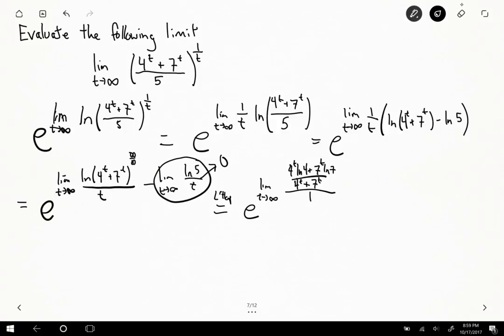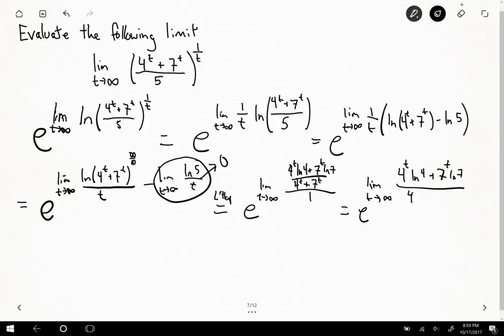Okay. So now you might think we need to just continue to use L'Hopital's rule again and again and again. Actually, no. So this is where understanding some of the limit rules that you have before can come in handy big time. So you have 4 to the t natural log of 4 plus 7 to the t natural log of 7, over 4 to the t plus 7 to the t.